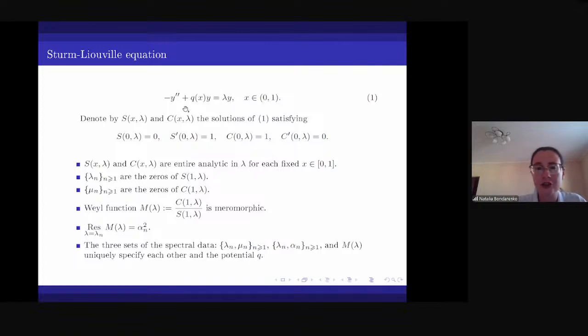Since the Sturm-Liouville equation depends on the spectral parameter analytically, we get that S and C are entire analytic functions in lambda for each fixed x. Furthermore, lambda_n are the zeros of the function S(1, lambda), and the second spectrum of the Borg problem, mu_n, are the zeros of C(1, lambda).